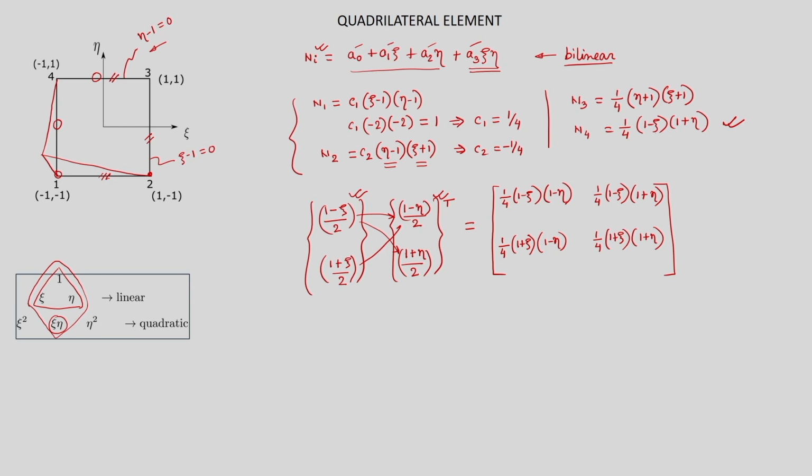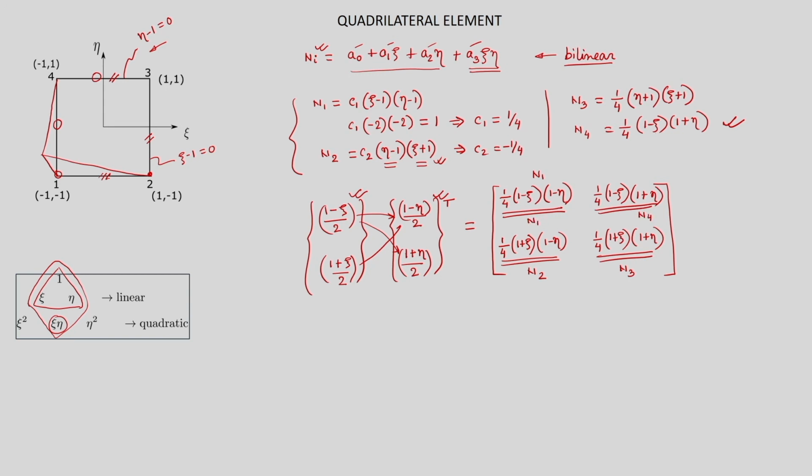Now let us look at these 4 shape functions. This is basically N1 in our view. This one, (1 plus xi) into (1 minus eta), is our N2. Similarly, this is our N3 and this one is N4.